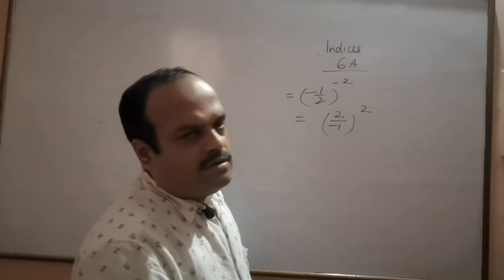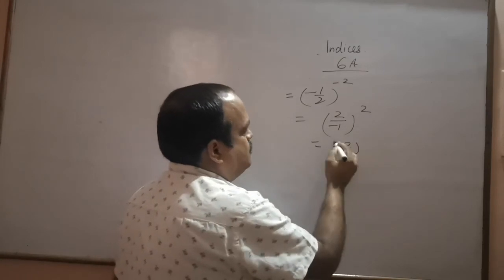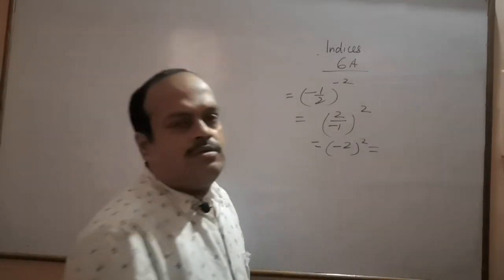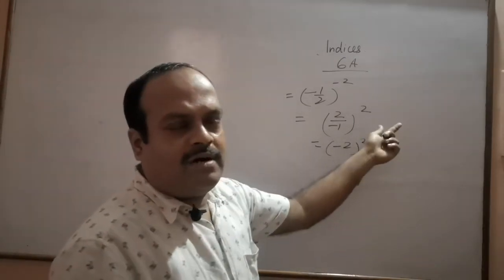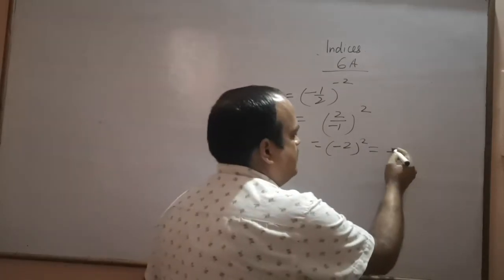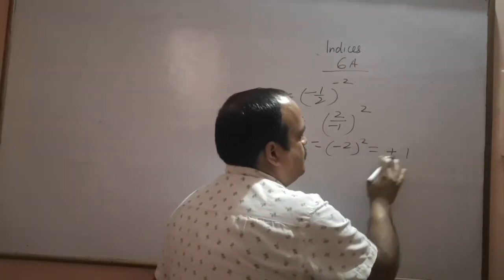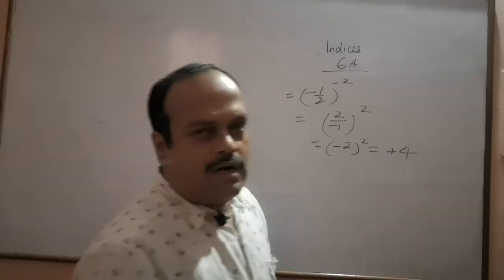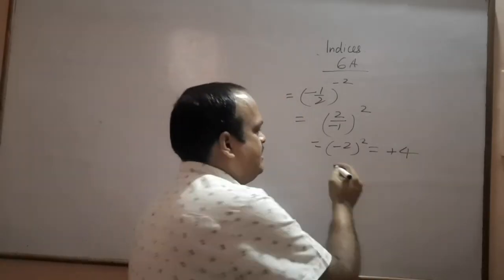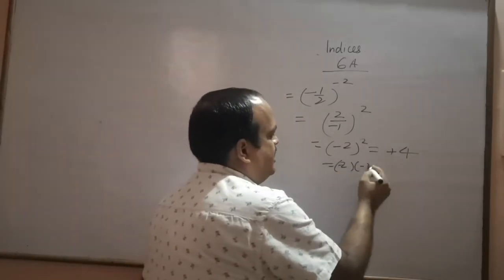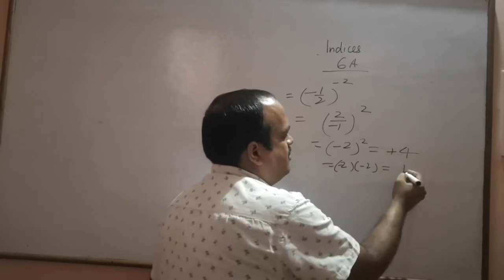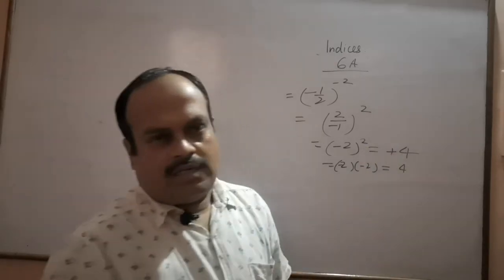No, minus 2 to the power 2. Negative base, even power, we will get the result positive. So 2 into 2, 4. Or if you don't understand this, write minus 2 into minus 2, 2 2 is 4, minus into minus plus, the result is 4.